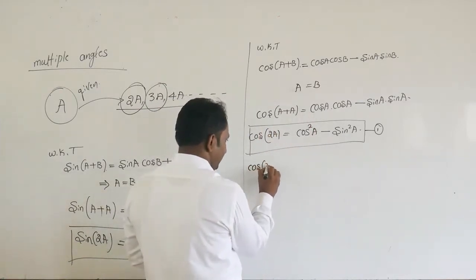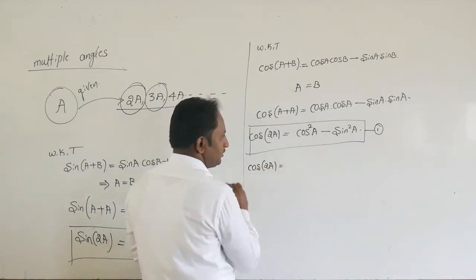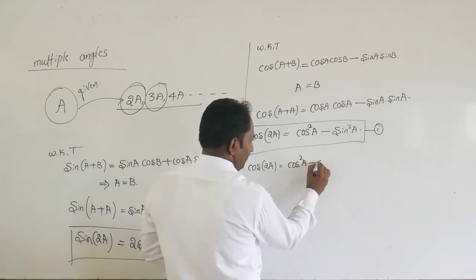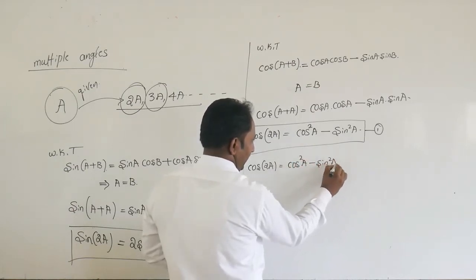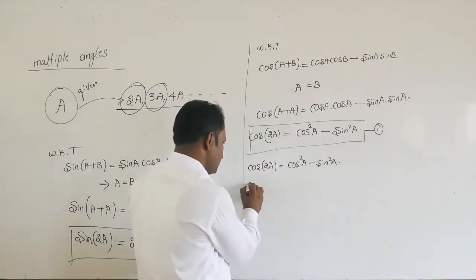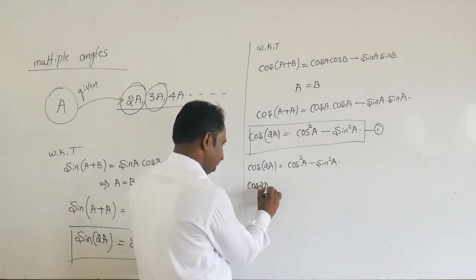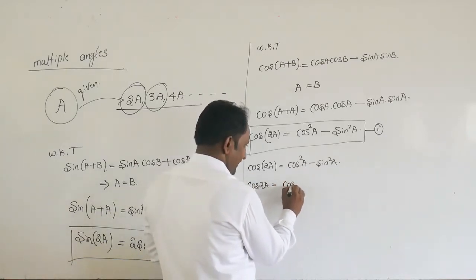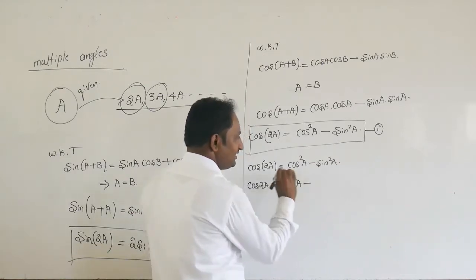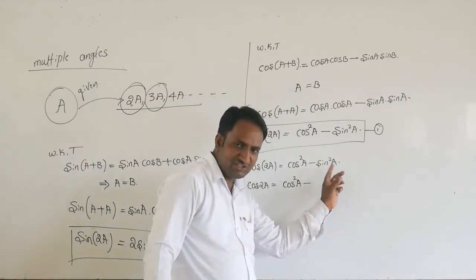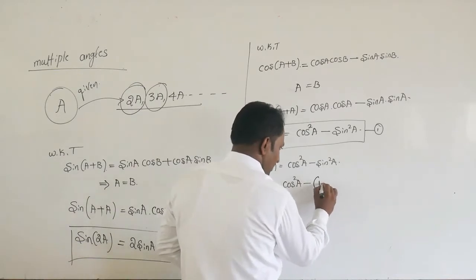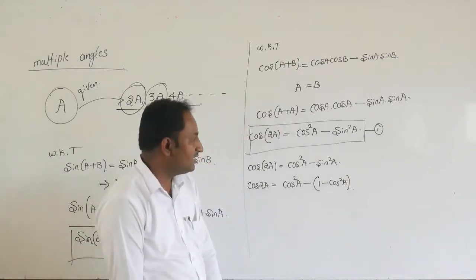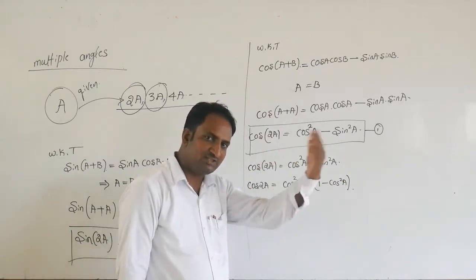Cos of 2A is equal to cos square A minus sin square A. Then cos of 2A is equal to cos square A as it is, minus sin square A, which changes to 1 minus cos square A, because sin square A plus cos square A is equal to 1.